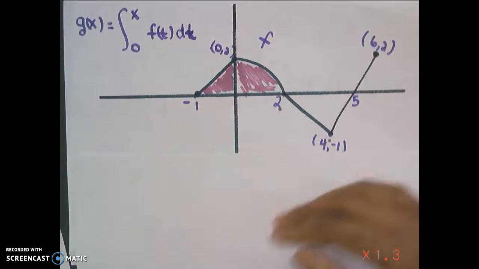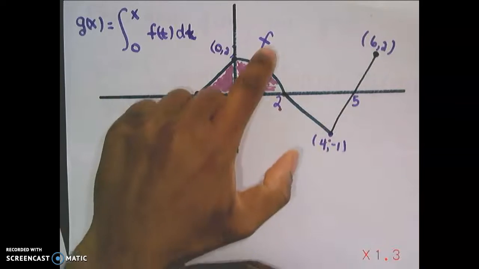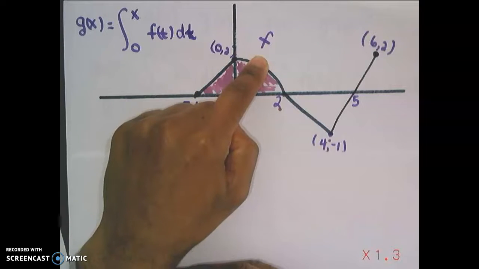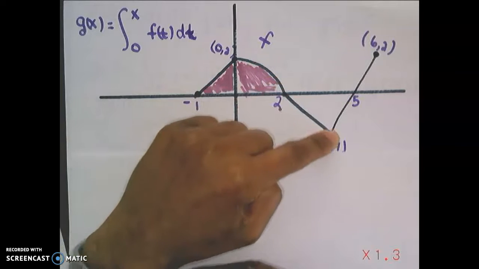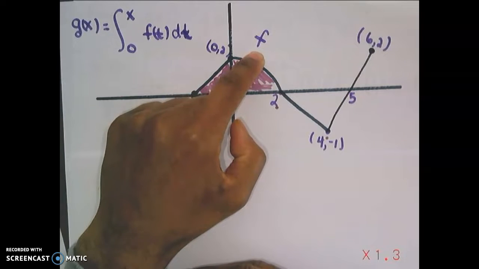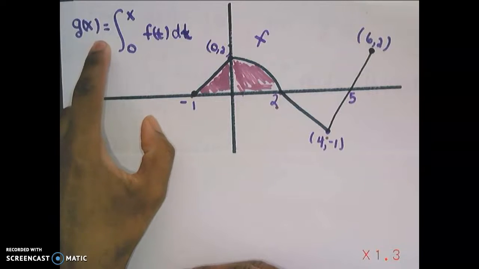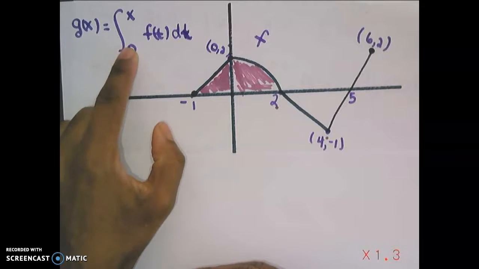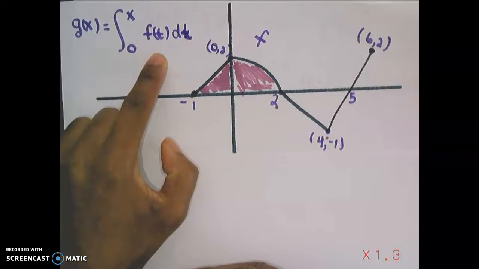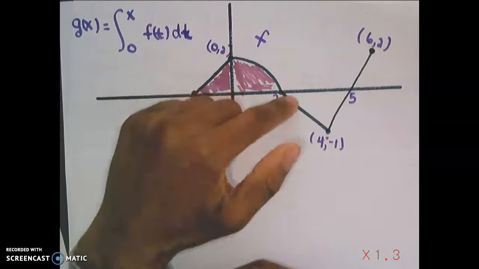So let's make sure we emphasize that this function is going to be f. The graph is a graph of f, but this says g of x is equal to the integration from 0 to x of f of t. So this is not the graph of g, this is the graph of f.